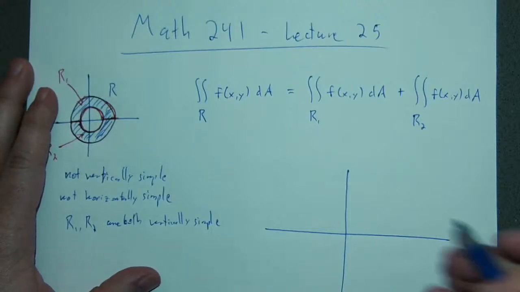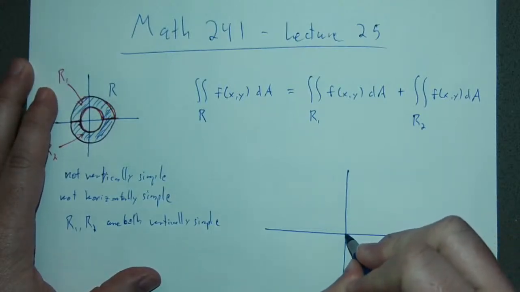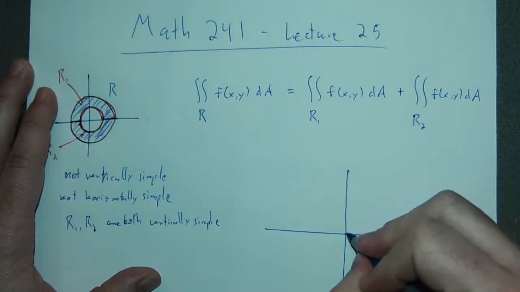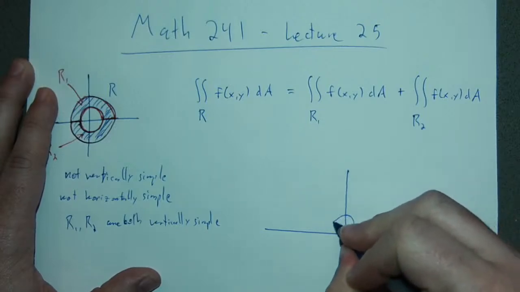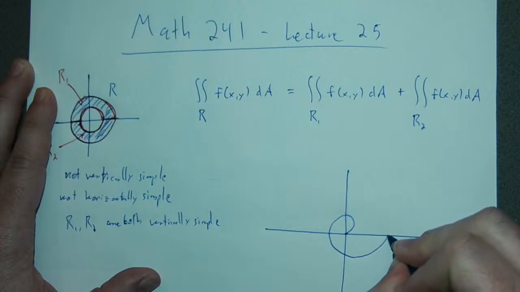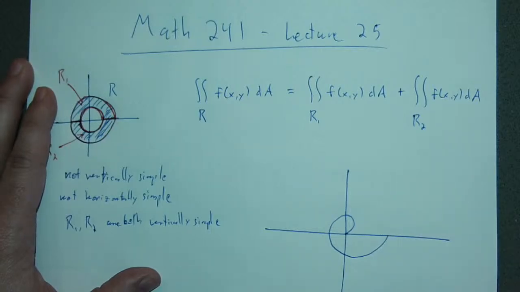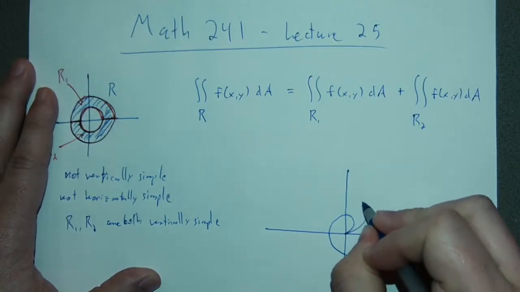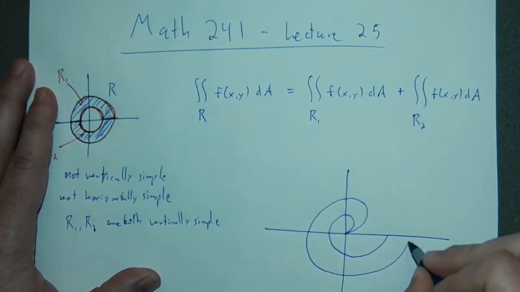Consider an Archimedean spiral starting here at the origin. Maybe this does something like this, and then consider a different Archimedean spiral. Maybe it spirals out something like this.